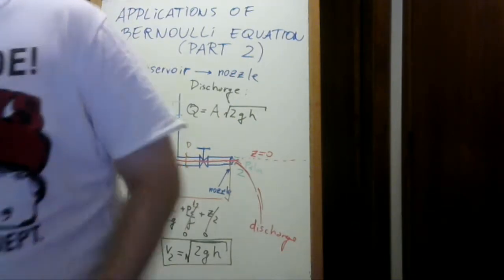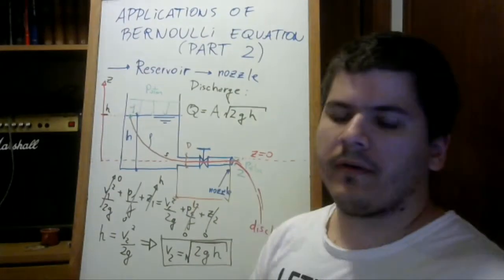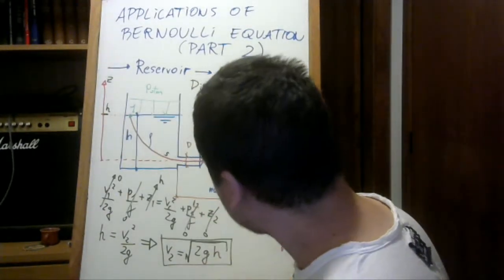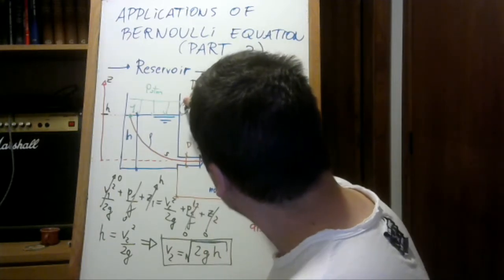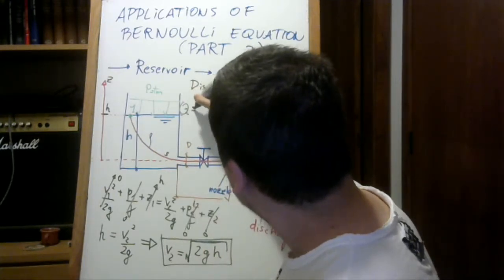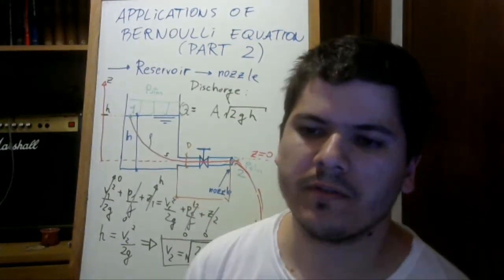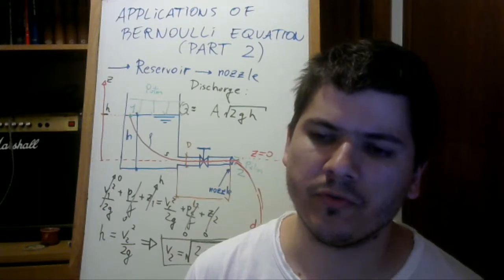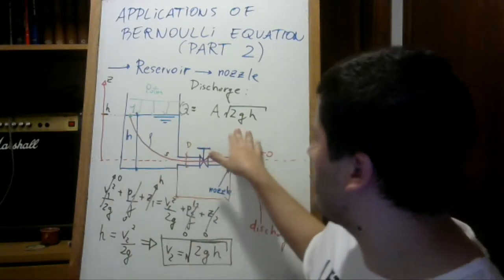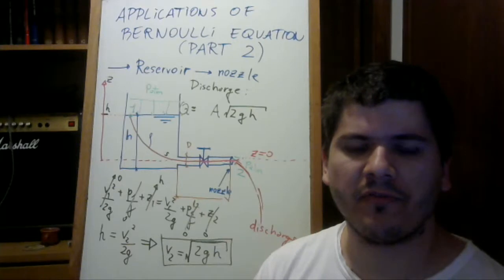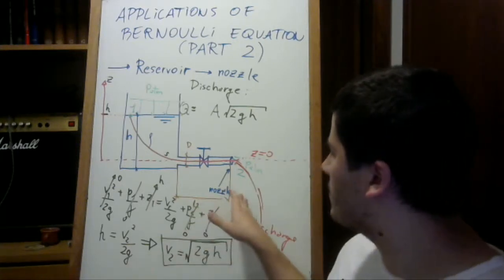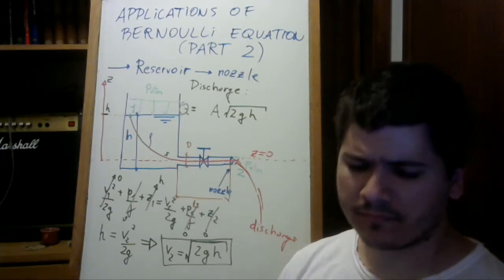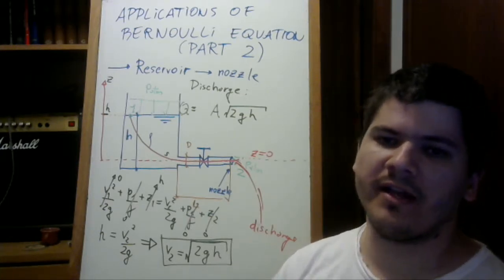In real-life engineering situations, we often have to include a term to correct this equation in order to account for losses at the nozzle. Here at the nozzle we have high turbulence due to the encounter of water and air.